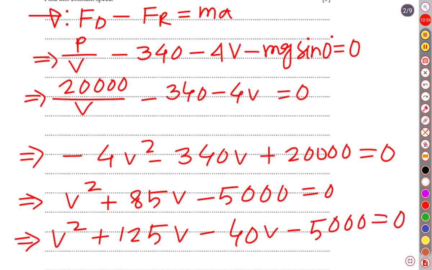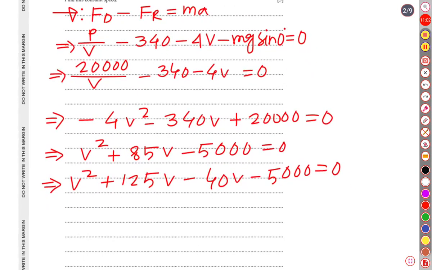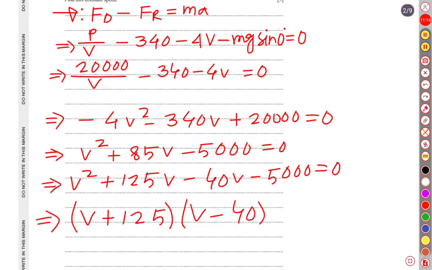If we simplify more, I mean if we factorize, it is going to be (v plus 125)(v minus 40) is equal to 0. Hence our velocity is equal to 40 meter per second.